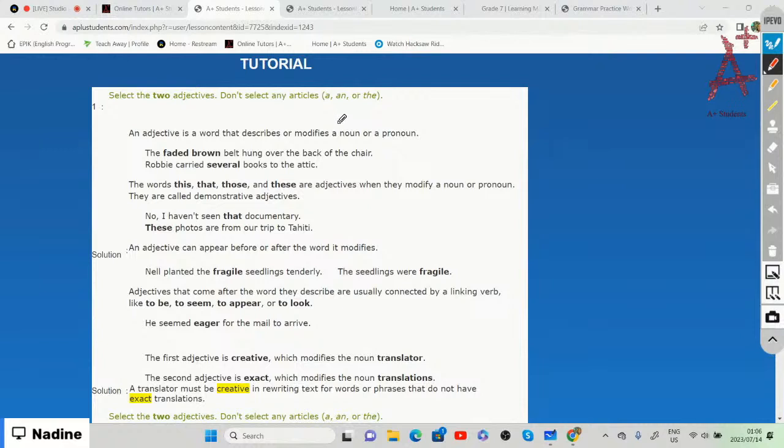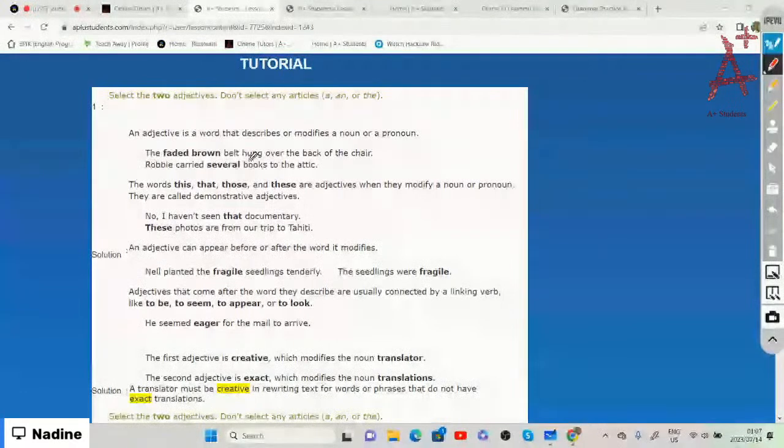All right, so if we look at the first example, it says, the faded brown belt hung over the back of the chair. So this is describing the belt, right?